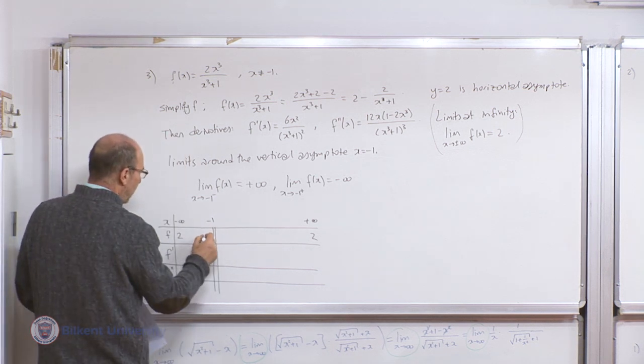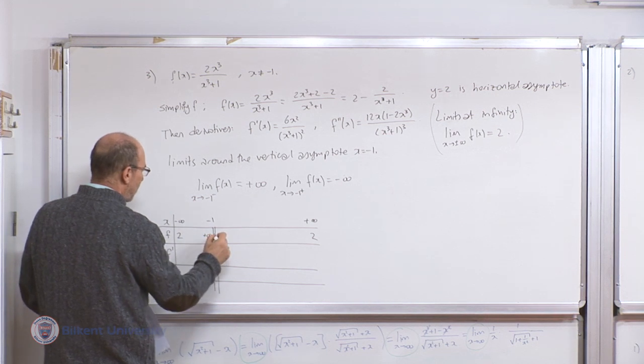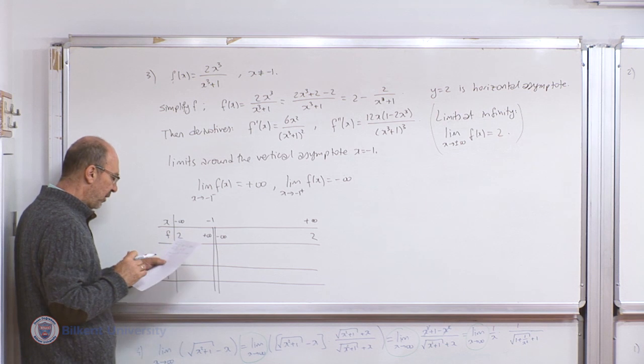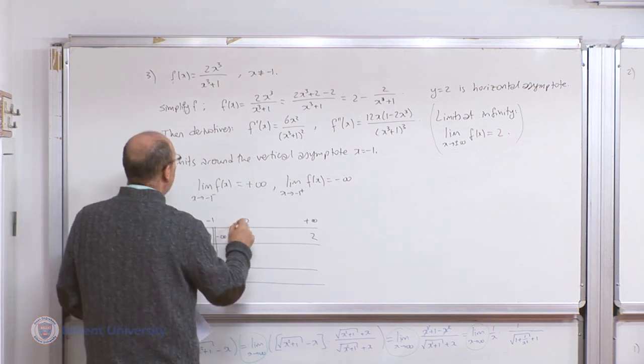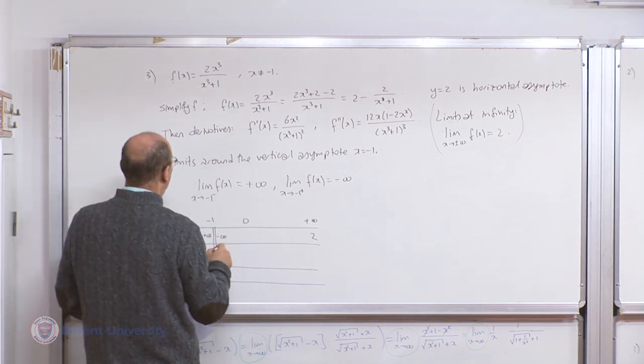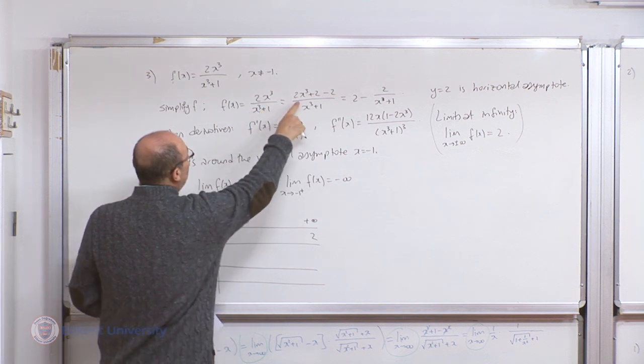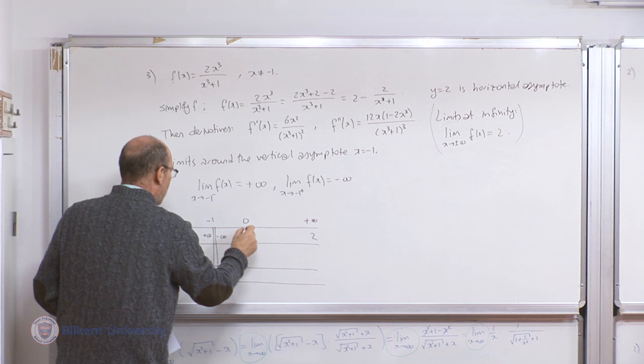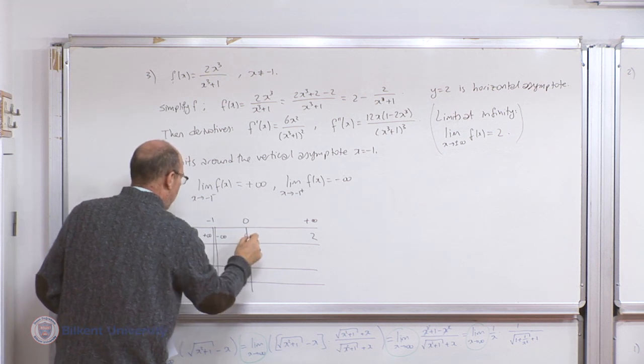On this side, the function goes to plus infinity. On this side, the function comes from minus infinity. I have 0. At 0, the function is 0. The derivative is 0. The second derivative is 0. So everybody sleeps here.